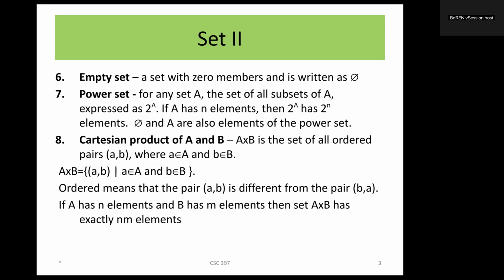So remember that the set of all subsets is a must. Then we have the Cartesian product of A and B, which is the set of all ordered pairs where a belongs to set A and b belongs to set B.